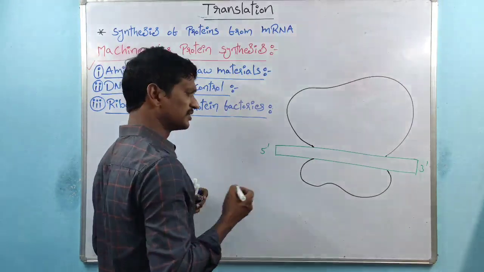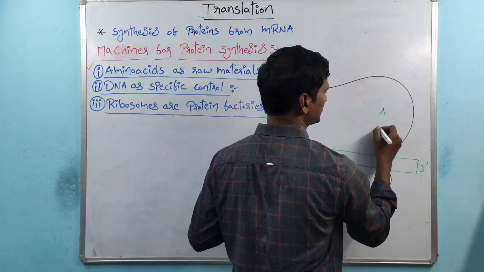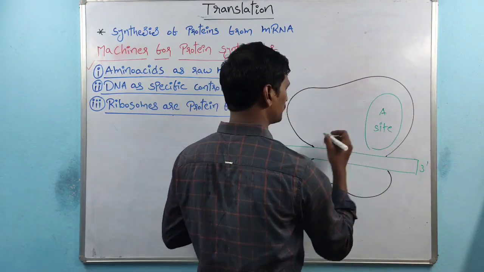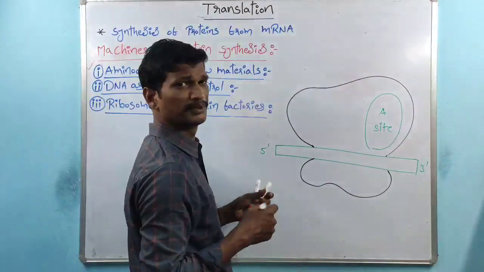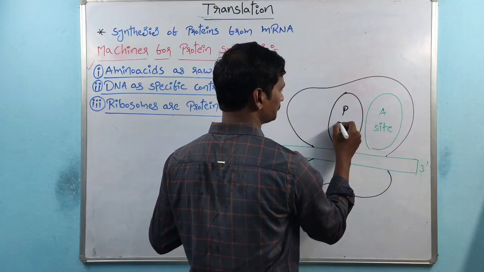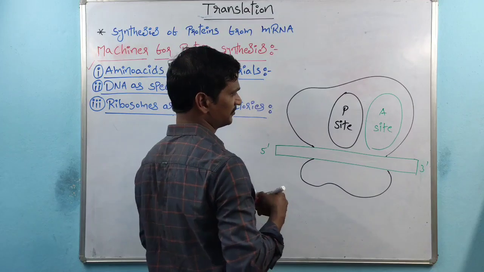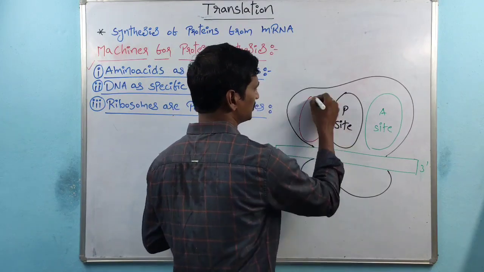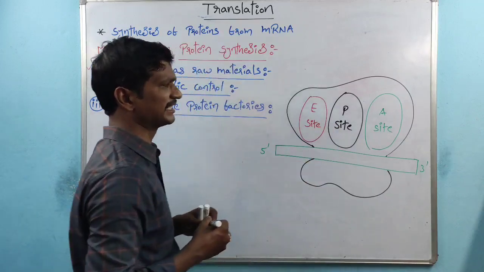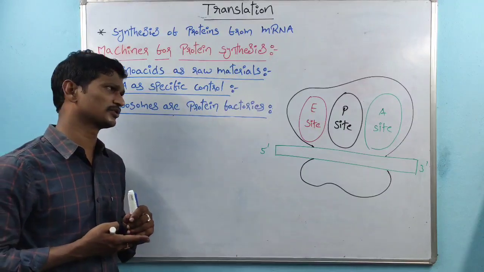Within ribosomes, different sites are there. The very first site is called the A site. After the A site, there is the P site. And the last one is the E site. Within ribosomes, majorly three sites are there, supporting the protein synthesis process.